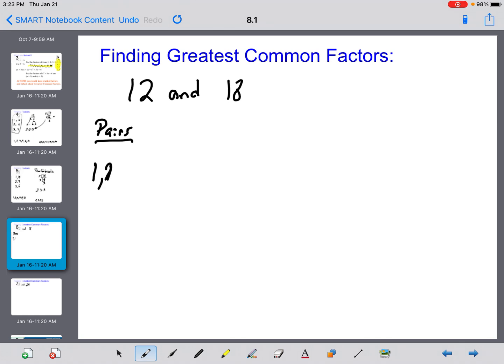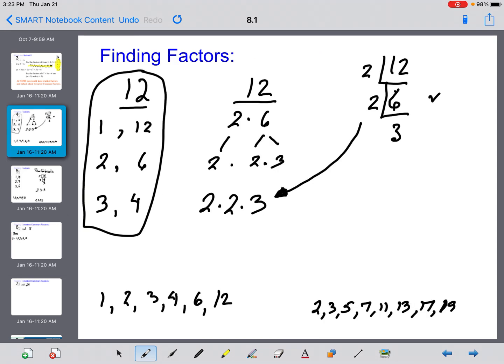The pairs give us the factors. So for 12, we're saying 1, 2, 3, 6, and 12.